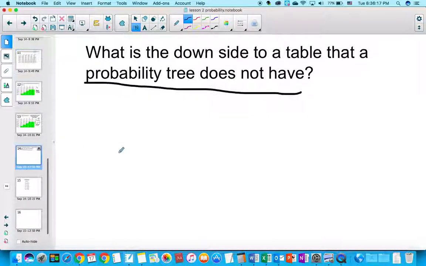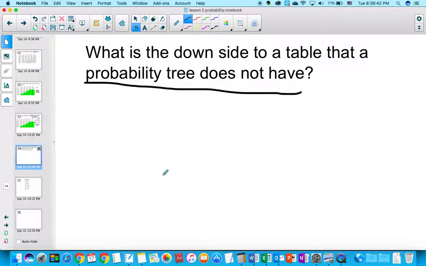Well, you want to be able to make the decision as to which would be better for your situation. We just talked about how the tree gets messy when you have a large sample space. When your sample space gets too large, then your tree gets ugly and it's hard to read, and so it defeats the purpose of using the tree.